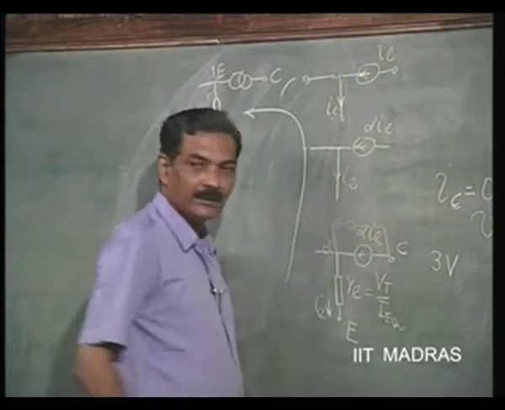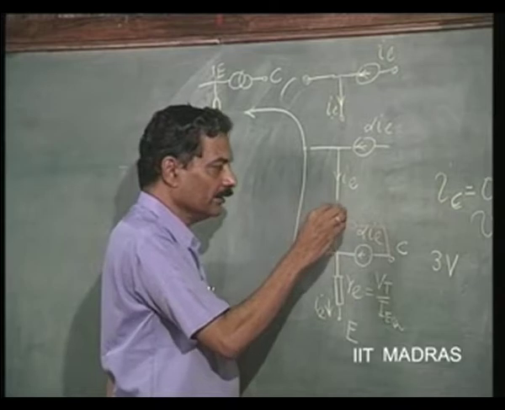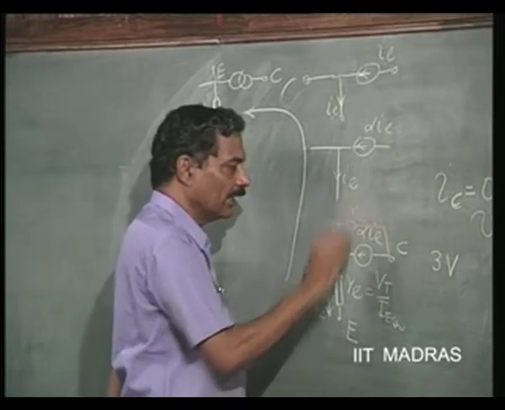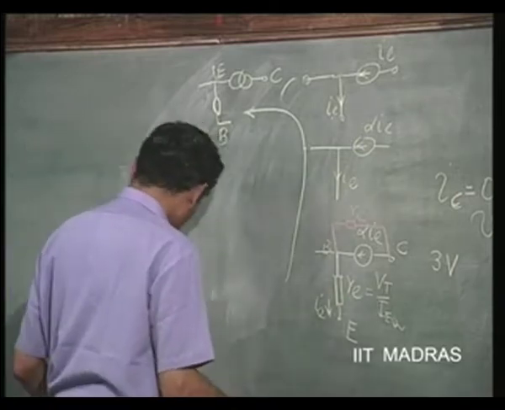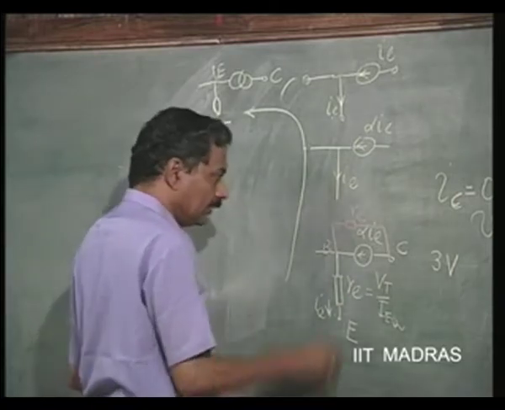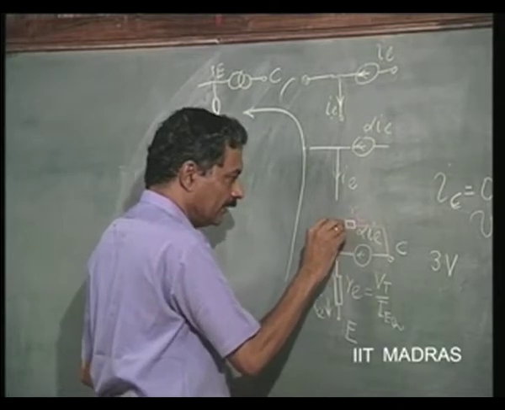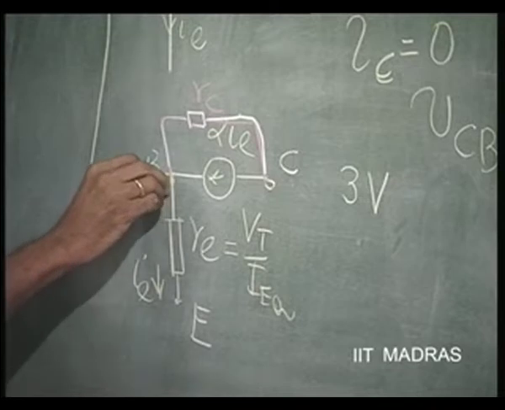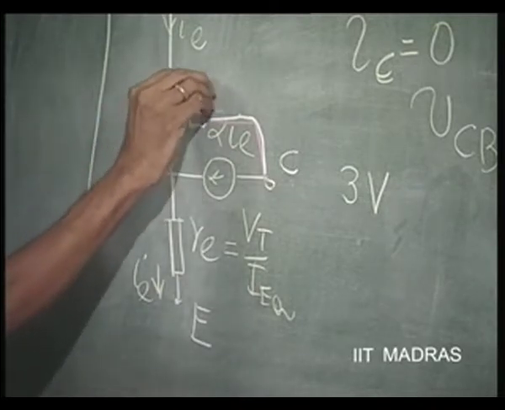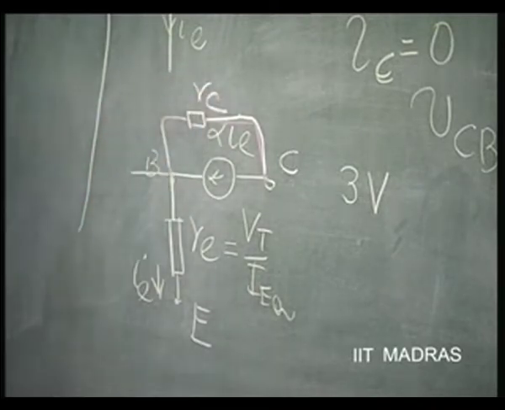There is a resistance, which we will call RC, across this. So, please remember that this is a new thing that we have brought about here. Across the collector base junction there is a resistance of the order of tens of mega ohms, which we have been earlier ignoring.